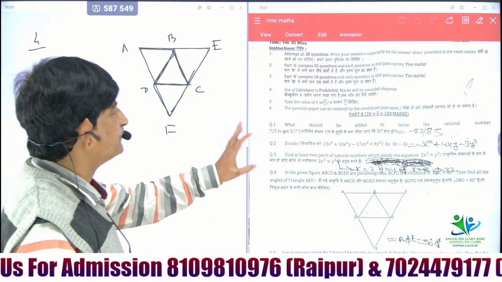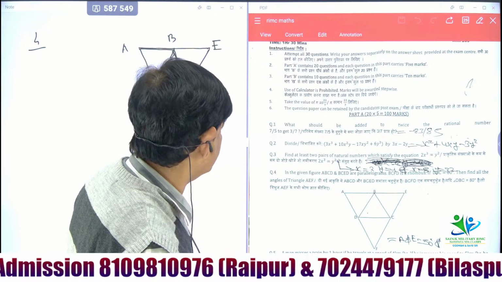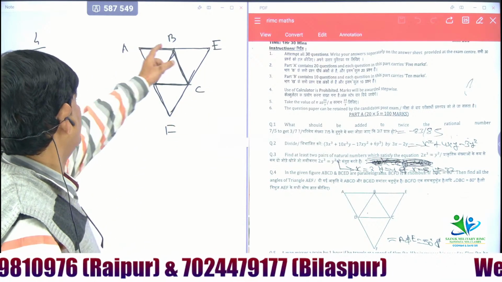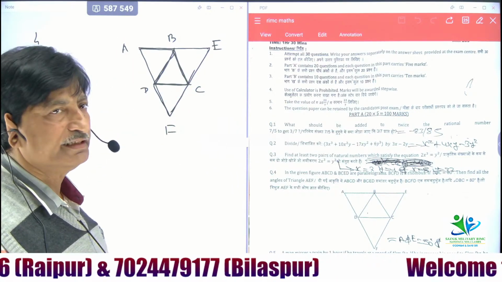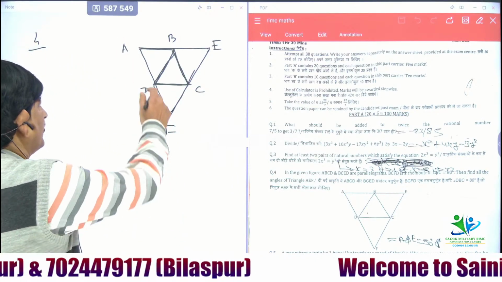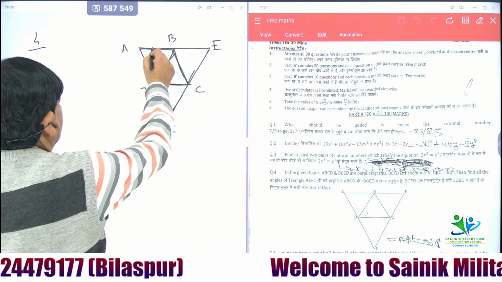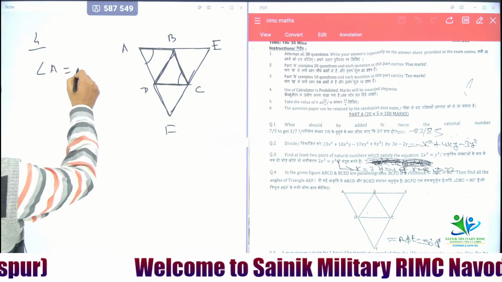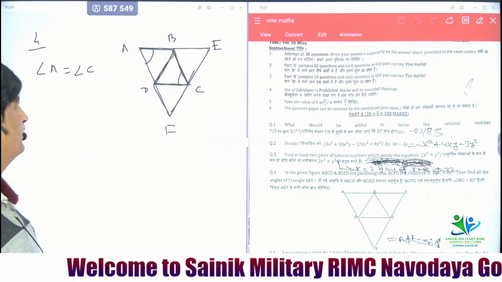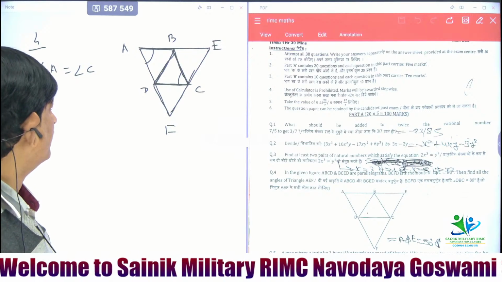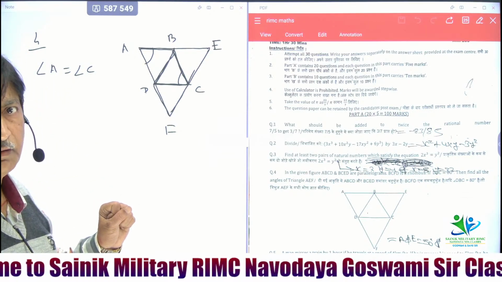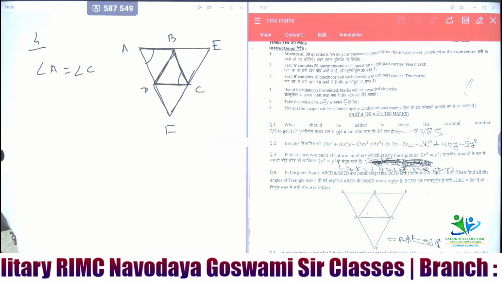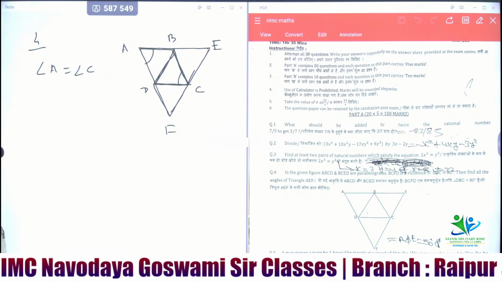First apply ABCD is the parallelogram, and you have to find the angles of this triangle AEF. इसके एंगल्स को फाइंड करना है. If we apply ABCD is a parallelogram, you can write angle A is equal to angle C because opposite angles of the parallelogram are equal.